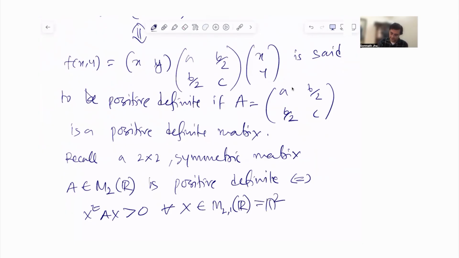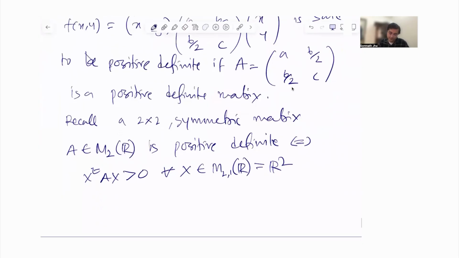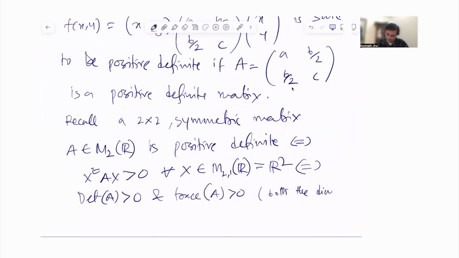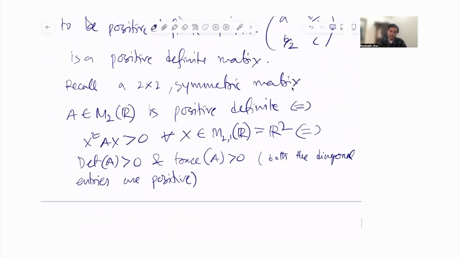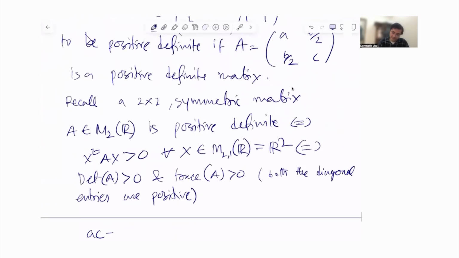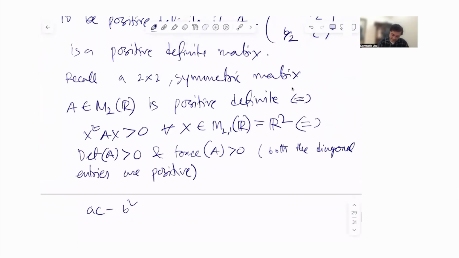X transpose Ax is positive, which happens if and only if the determinant of A is positive and the trace of A is positive, that is, if either of the diagonal entries is positive in this case. The determinant is of course ac minus b squared by 4.